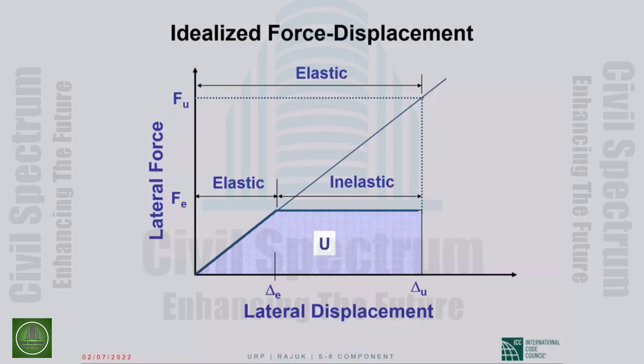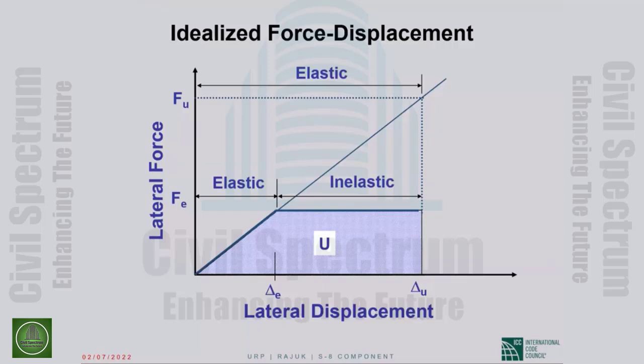Okay? So the design force level of the code and the detailing requirements go hand in hand. Okay? I would absolutely like you to understand this, that the seismic design is a two-part affair. You design for the forces, but you also detail for inelastic deformation capacity. It has never been otherwise.